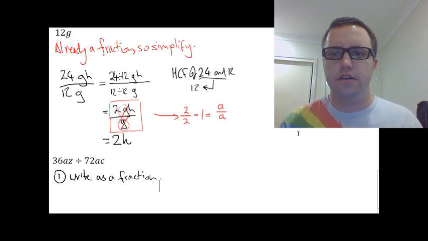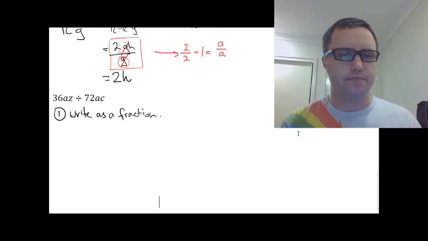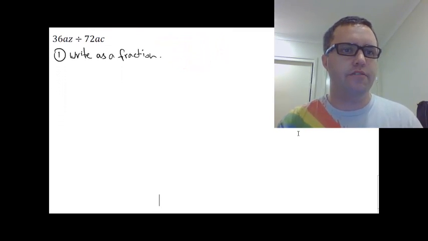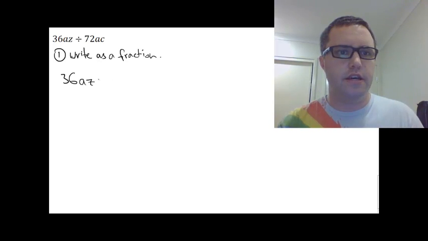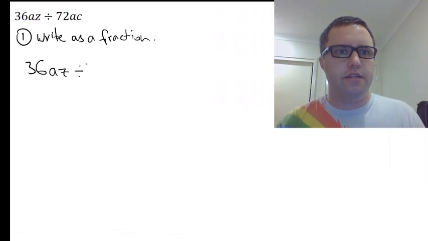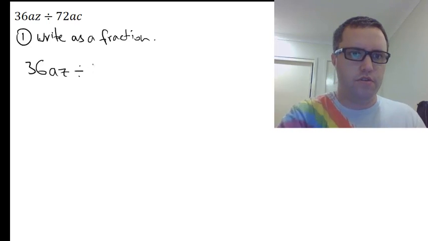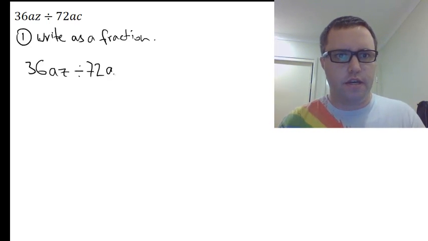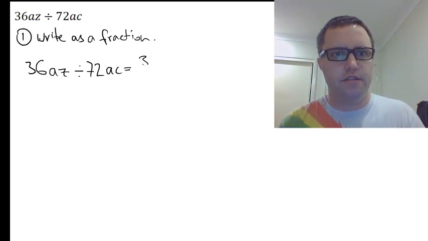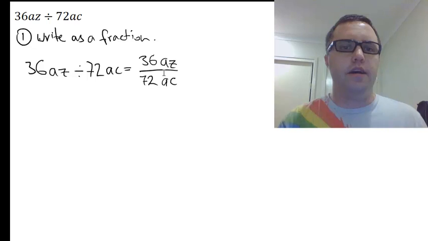Right, come back down here. We need to rewrite this as a fraction. So 36AZ divided by 72AC is the same thing as 36AZ over 72AC.